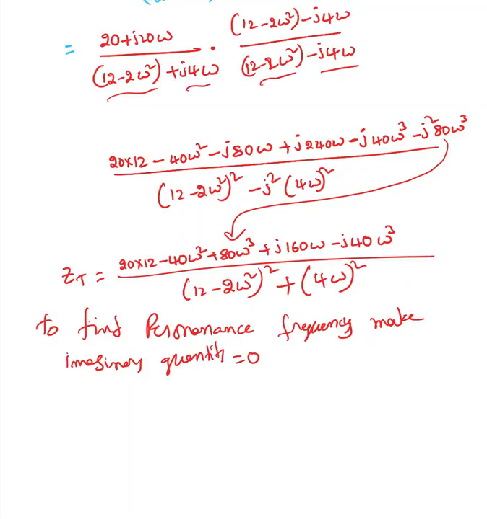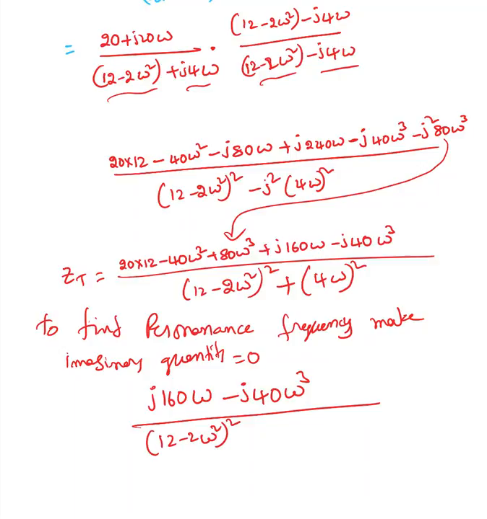So if I make the imaginary part equal to 0, I have j160 omega minus j40 omega cube. I don't need to put the j term, but it's just for your reference to make sure that I'm grabbing only the imaginary part, plus 4 omega square equal to 0.